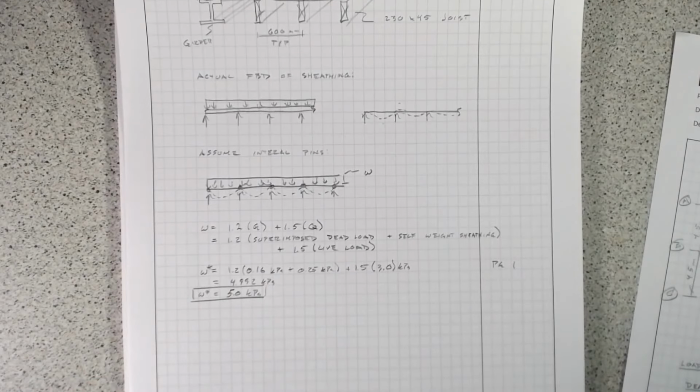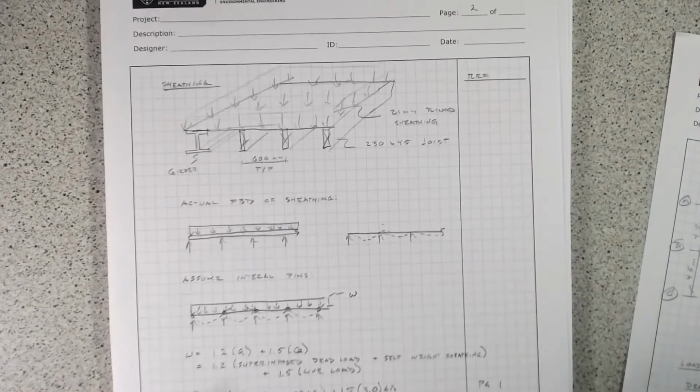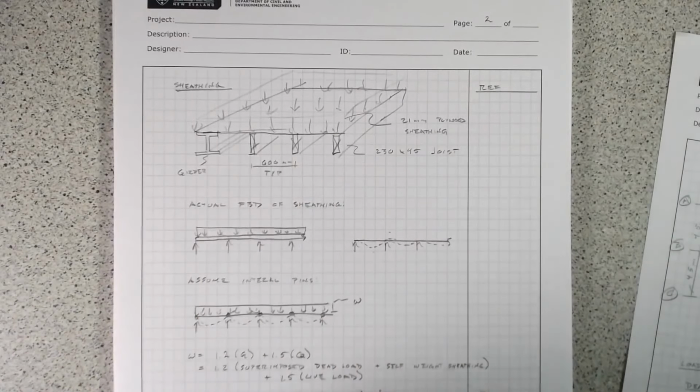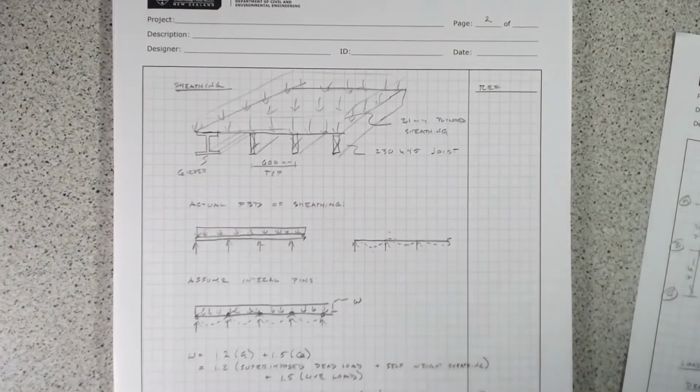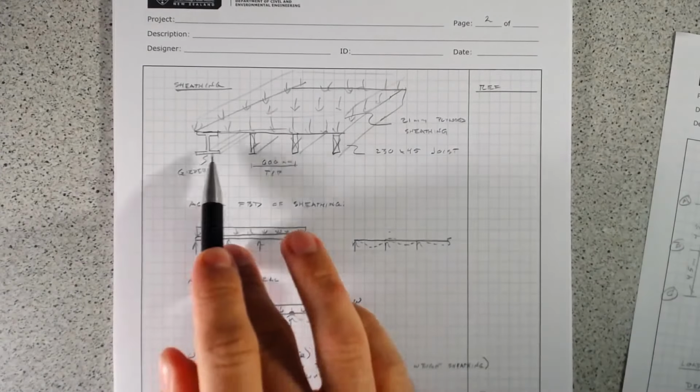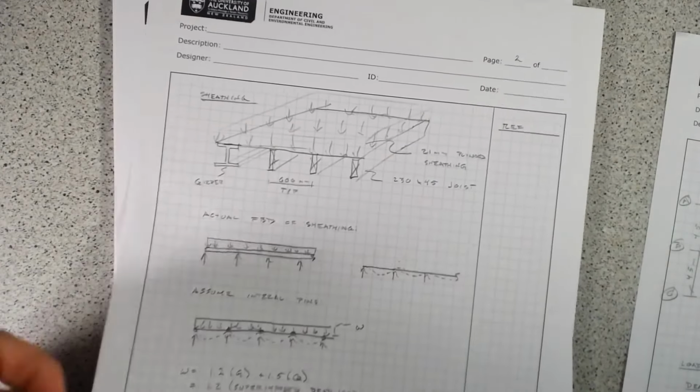All right, so the next thing we need to look at is, what is the load? So we know this is the applied load that the sheathing has to take. It has to take its self-weight and these applied loads on top of it. Now let's see, what's the load that the sheathing applies to the elements which are supporting it? We'll start with the girder.